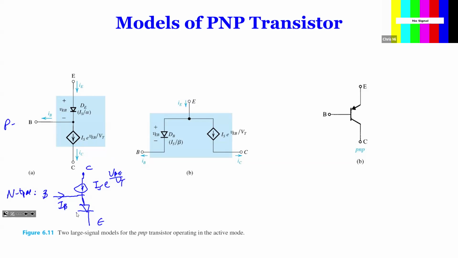This is P type. Right? And then this other equivalent circuit is going to be similar. So you have B.